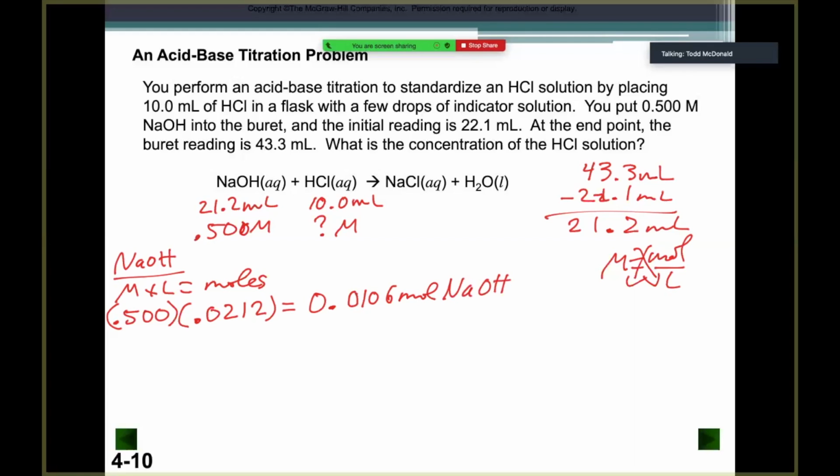Okay. Now, since we have 0.0106 moles of sodium hydroxide, and we look back at our balanced equation, we see that this is a 1:1:1:1 ratio.